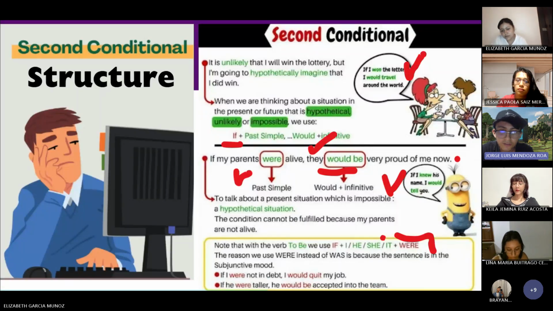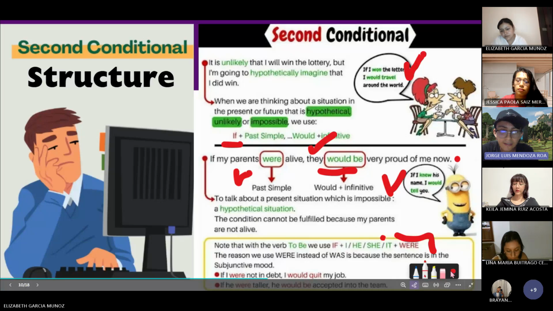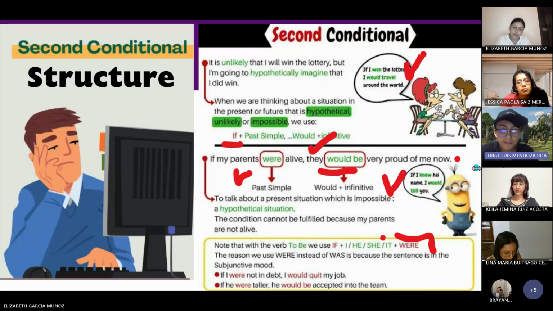Now we have something important, which is when we use the subjunctive mood. This is because when we use the verb to be in the past with all the subjects like I, he, she, it, they, we, my parents, my girlfriend, my friend, all of them, we need to use were.